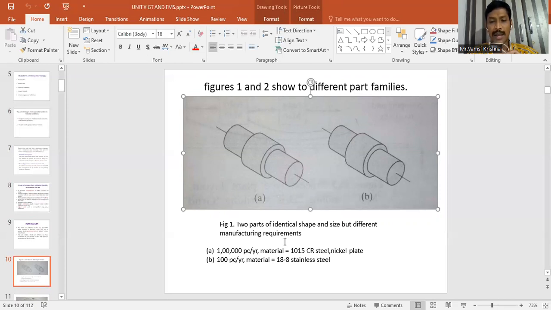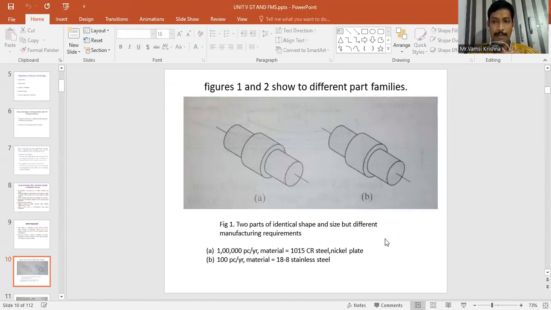Then the manufacturing requirements for the first part are entirely different from the manufacturing requirements of the second part. You can use the same in your examination as well, when you explain the difference between the design and manufacturing similarities.